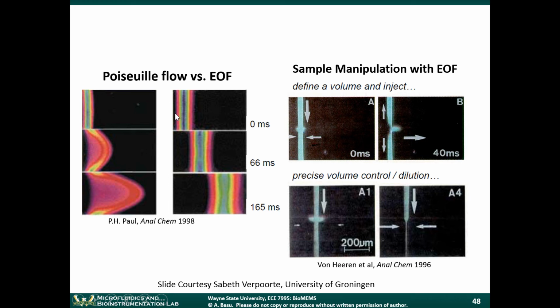You'd like to keep their relative positions. So with electroosmotic flow, because it's a square flow profile, the flow velocity everywhere in the cross section of the channel is the same. These ions move together with one another.